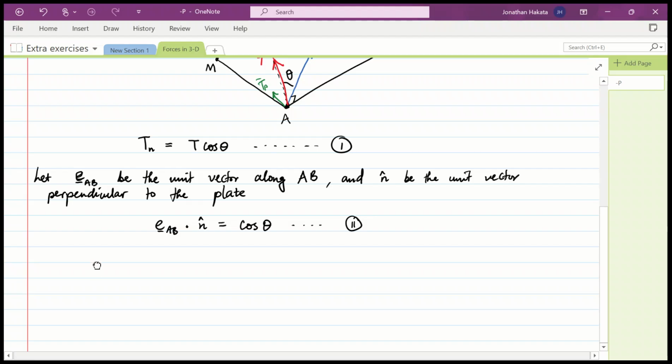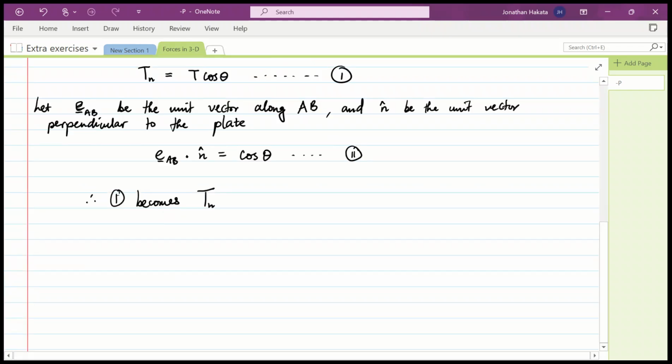Therefore, the magnitude of the component perpendicular to the rectangular plate is equal to the magnitude of the given force T multiplied by the dot product of EAB and n. Let's call this equation 3.